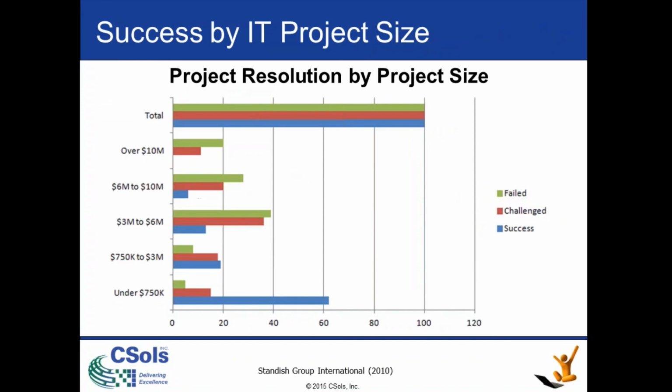Okay, so some other statistics here, all based on large sample size, but the sample size, just to point out, is IT projects in general. These are not lab-specific projects. Key thing here is the larger the project, the more likely it is to fail. And conversely, the smaller the project, the more likely it is to be successful.